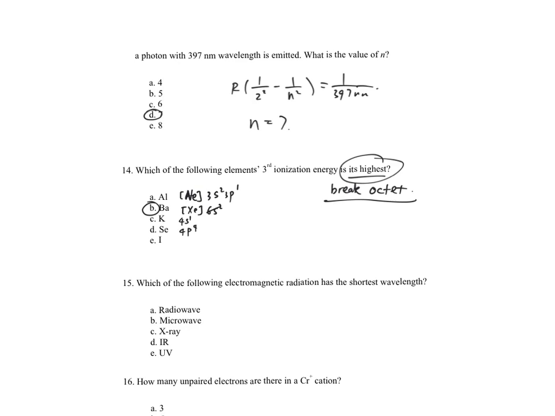Losing 1, losing 2, losing 3 doesn't make that much difference. Iodide is 5p5. It wants to get electrons. So losing 1, losing 2, losing 3. Barium is the only one that breaks octet when it starts to lose the third electron, and that's our choice there.